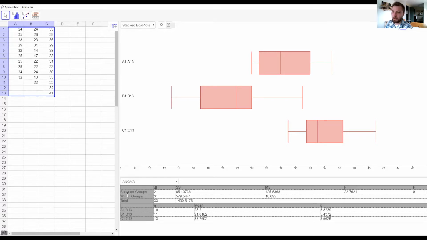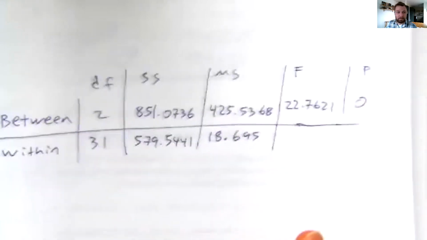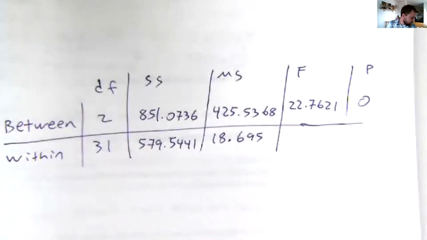I'm just transcribing this table, and I'm going to pull this table back up, and let's look at it, and let's compare what GeoGebra is saying to what we got from earlier. So I'm going to share my packet with you. This is the same table that I just had in GeoGebra.